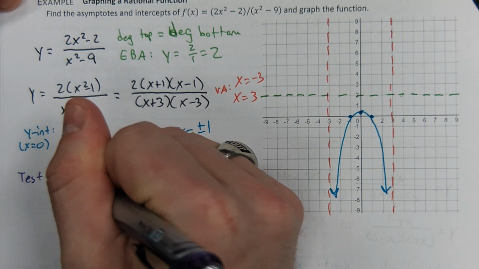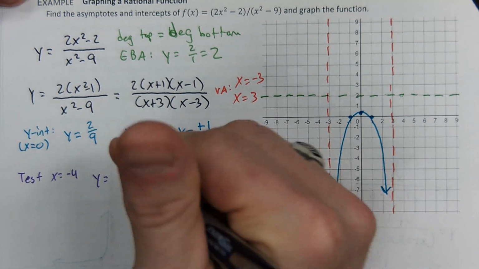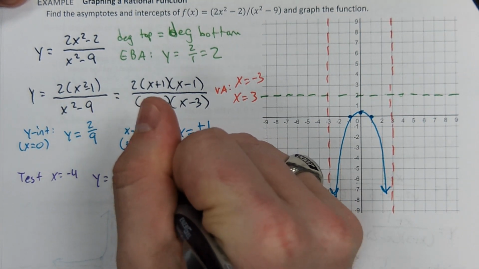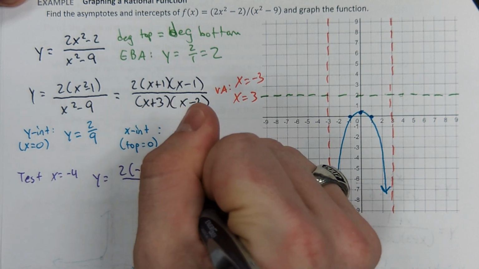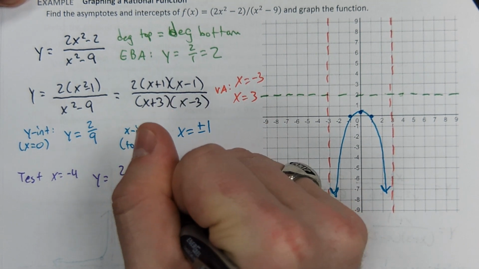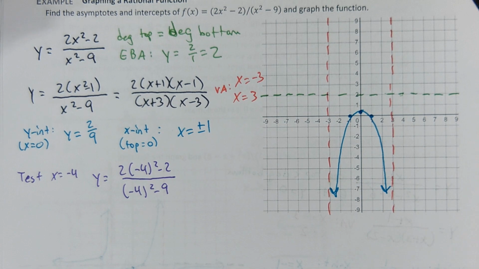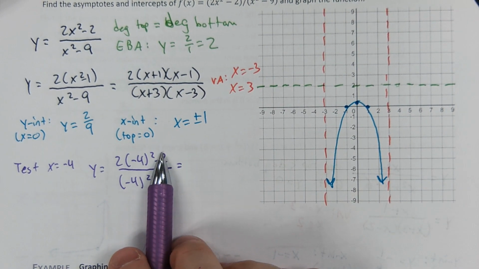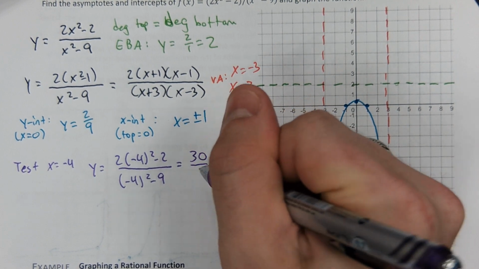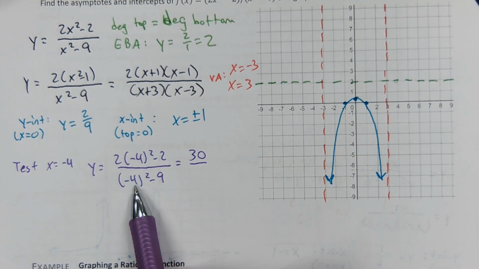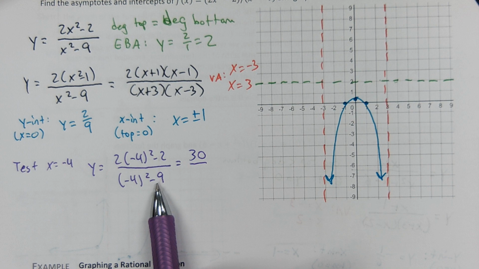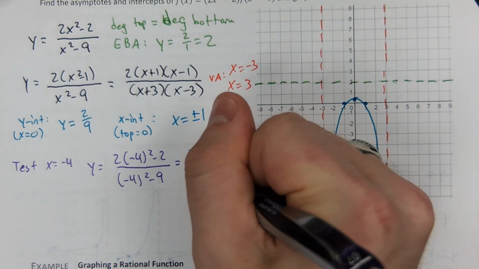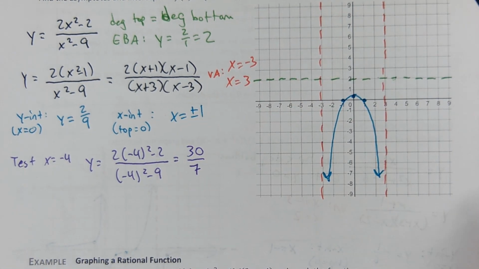Let's test -4 first. Y equals 2 times -4 squared minus 2 over -4 squared minus 9. That's 2 times 16, it's 32. Minus 2 is 30. And on the bottom, 16 minus 9 is 7, right? 7 goes into 30 a little bit more than 4 times.